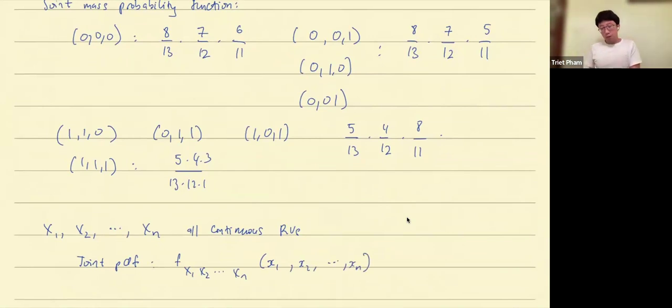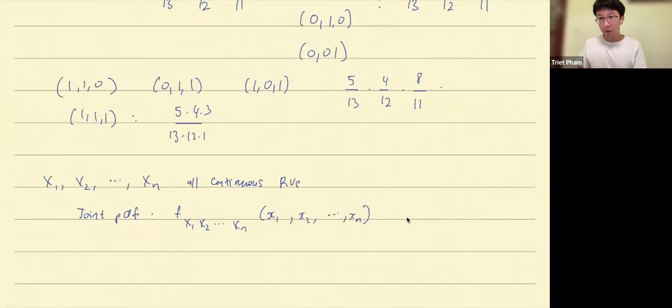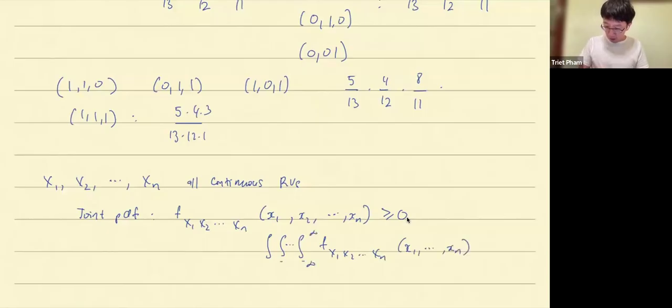So what properties does the joint PDF have to satisfy? The first thing is that it must be non-negative. The second thing is that the multiple integral of the joint PDF over the support must equal 1.